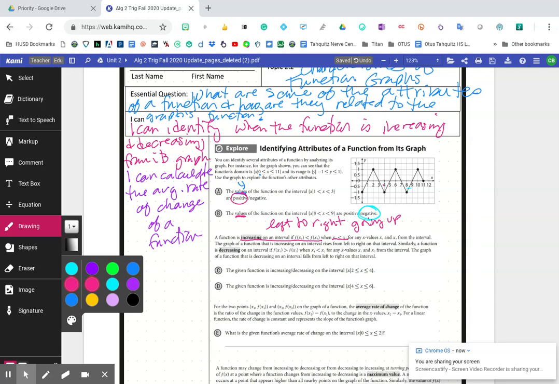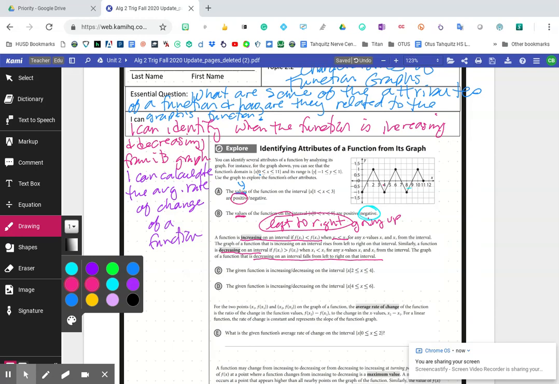Similarly, a function is decreasing on an interval if f of x sub 1 is greater than f of x sub 2 when x sub 1 is less than x sub 2. So the function is decreasing when the graph of the function falls from left to right on the interval. So either it's rising or it's falling, and we always read from left to right.